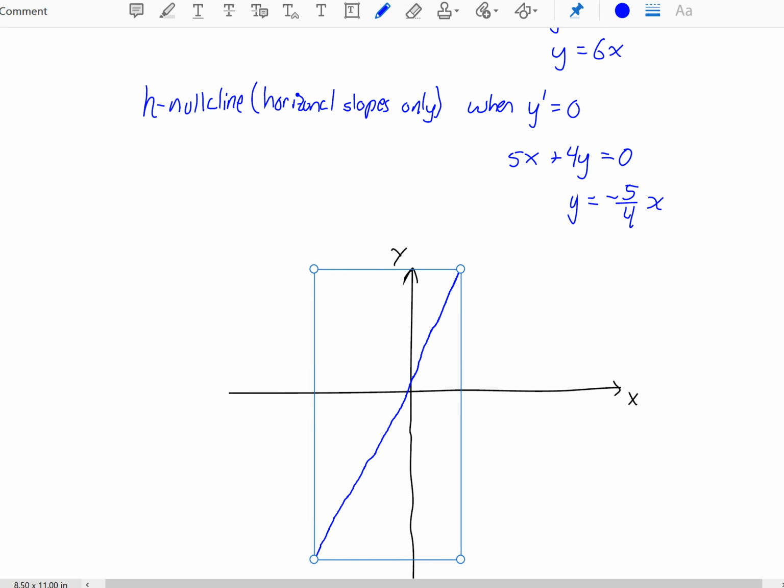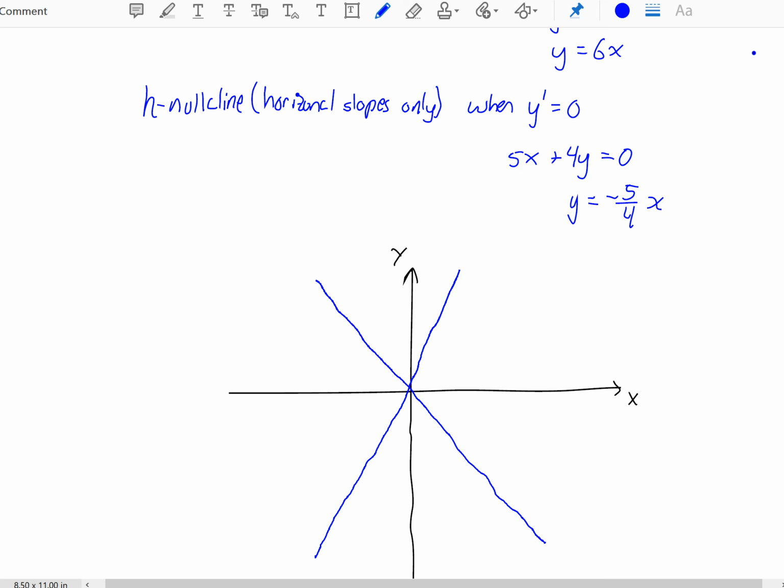Now let's also draw our horizontal nullline. Our horizontal nullline is defined by the line negative 5/4 x. So it would have a negative slope, a little bit steeper than -1. And without being terribly accurate with my points, it looks like it would probably be a line that looks something like this. Now remember these nullines. The first one was a vertical nullline, meaning that we only had vertical movements.